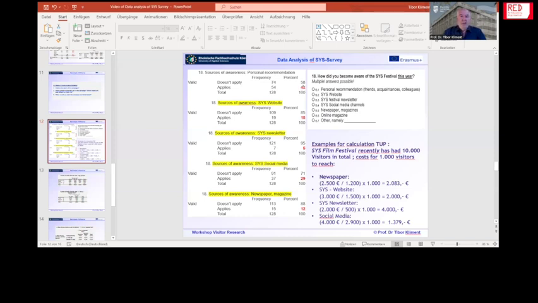So here we have this also, 42% of the visitors had a personal recommendation.